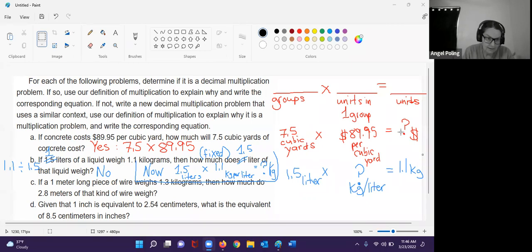Now in part C, we have if a meter long piece of wire weighs 1.3 kilograms, then how much do 2.8 meters of that kind of wire weigh? So this looks promising. We've got 1.3 kilograms per meter here, and we have 2.8 meters.